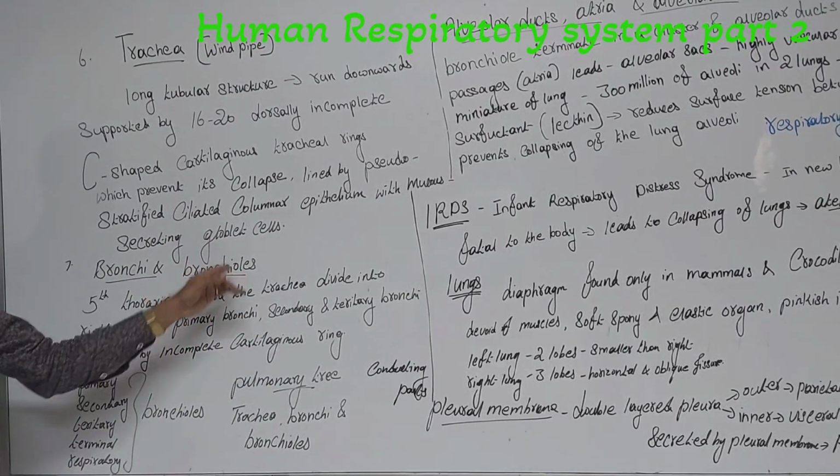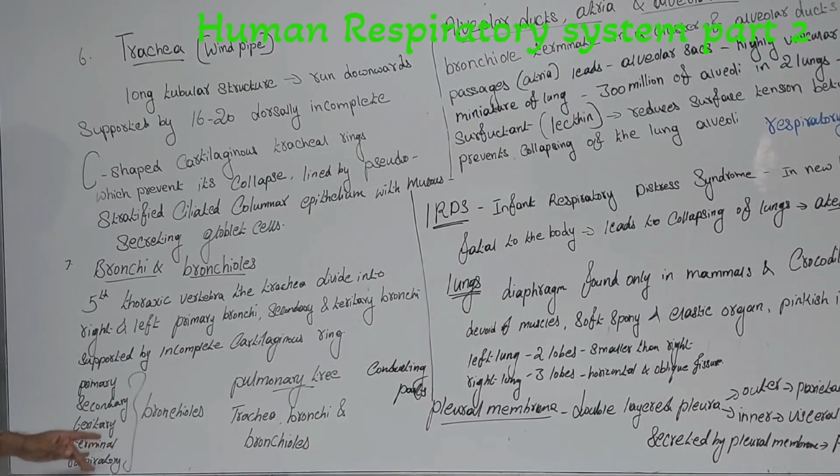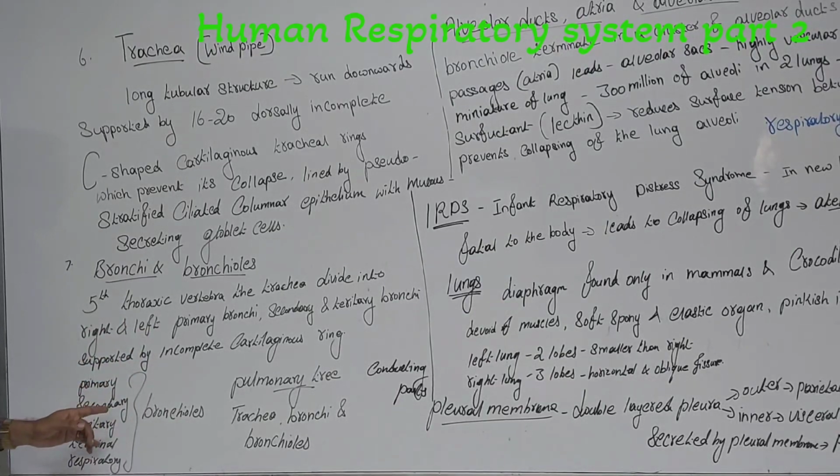Then the bronchioles. The primary bronchioles branch into secondary bronchioles, then tertiary bronchioles, then terminal bronchioles, and terminal bronchioles branch into respiratory bronchioles. So these are the different branches of the bronchioles.